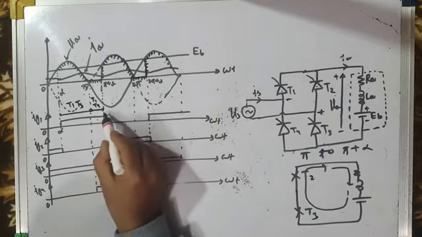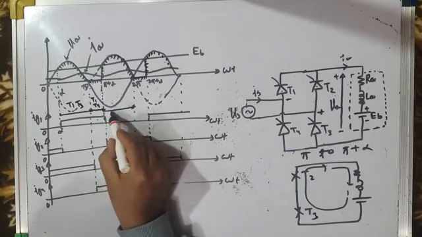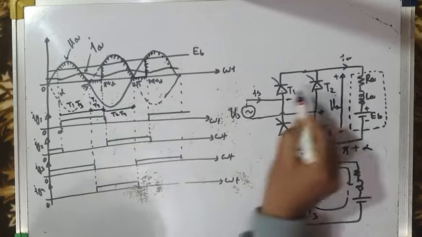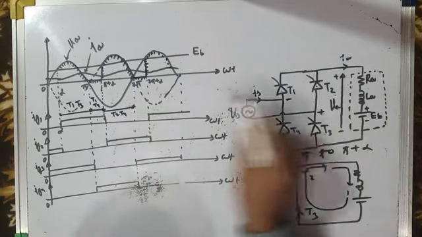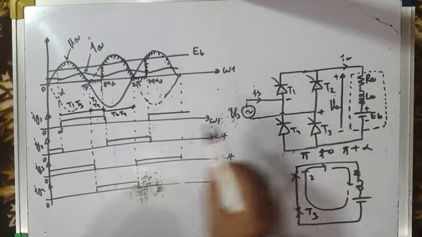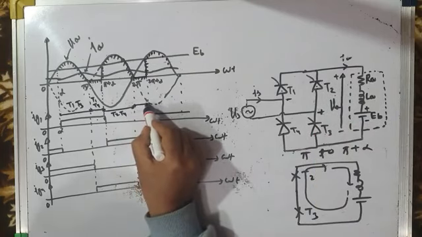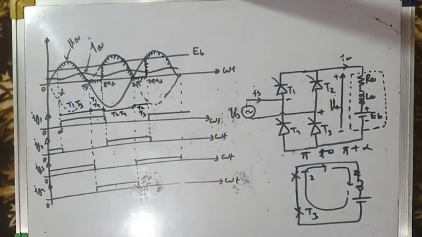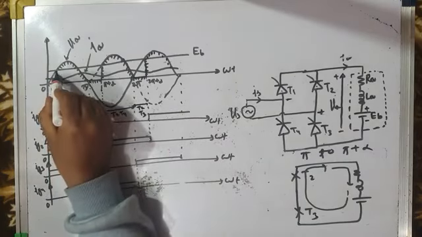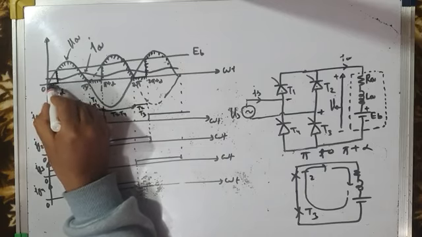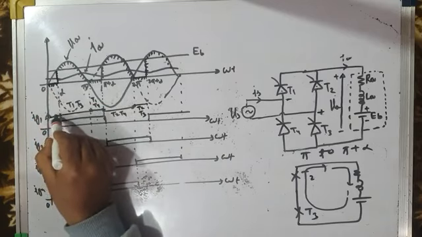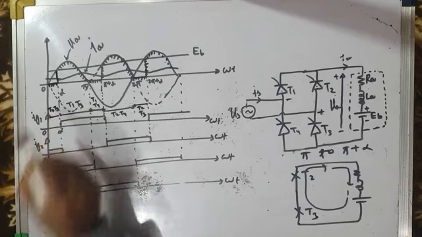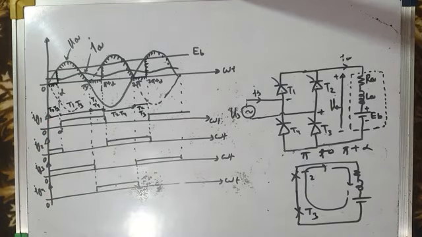From pi plus alpha to 2 pi, T2, T4 pair is conducting, and then from 2 pi to 2 pi plus alpha, T2, T3 is conducting and it is producing freewheeling action. And previously also load voltage is 0 and T2, T3 pair is conducting, providing the freewheeling action.